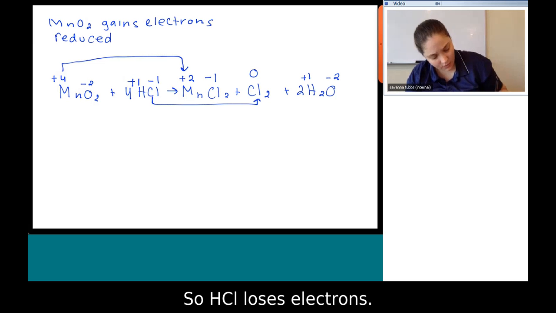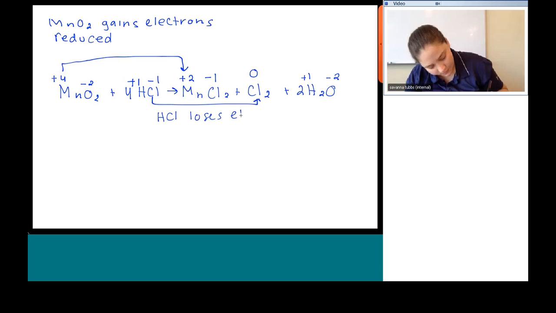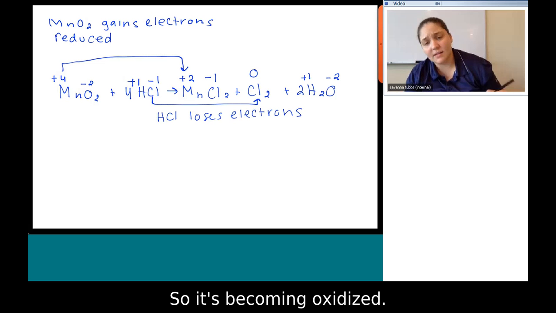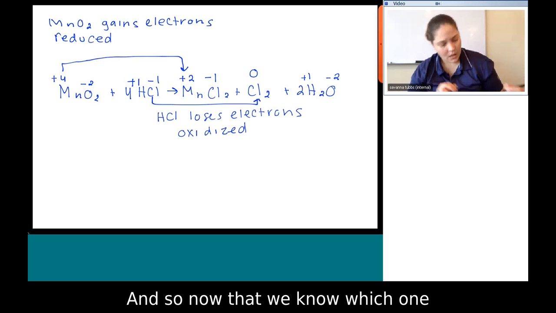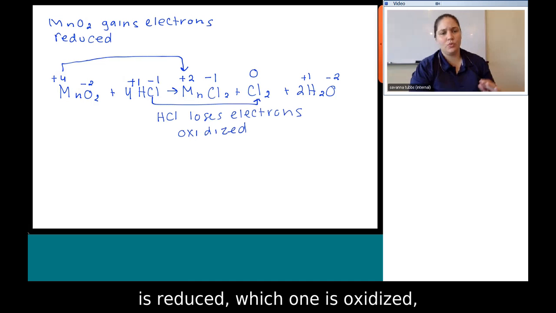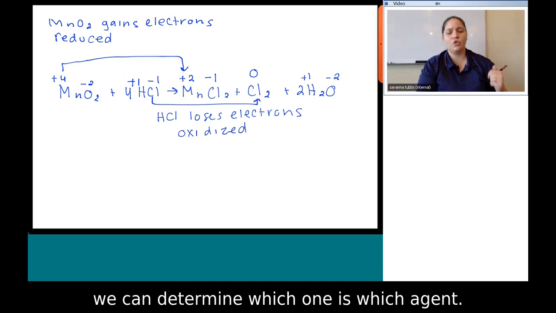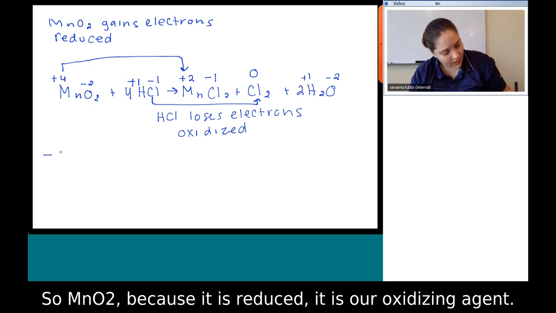So HCl loses electrons, so it's becoming oxidized. And so now that we know which one is reduced and which one is oxidized, we can determine which one is which agent. So MnO2, because it is reduced, it is our oxidizing agent.